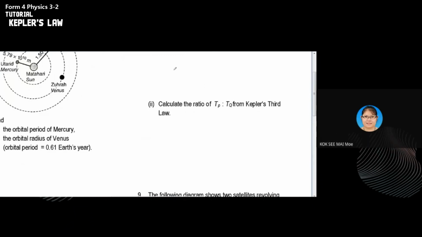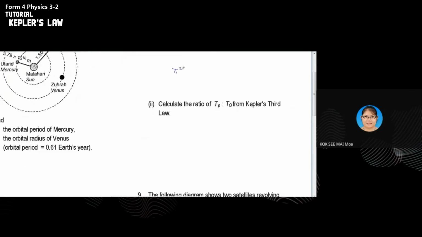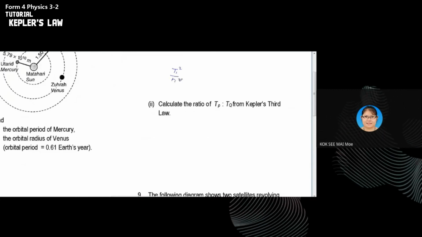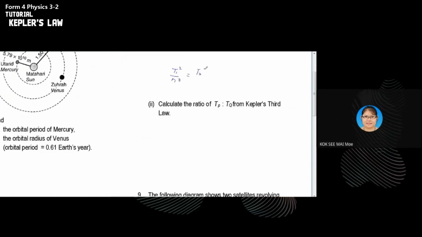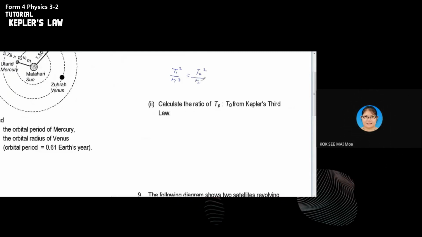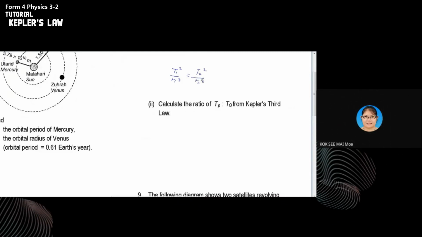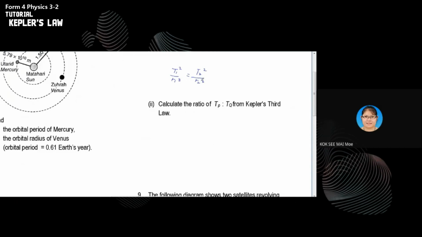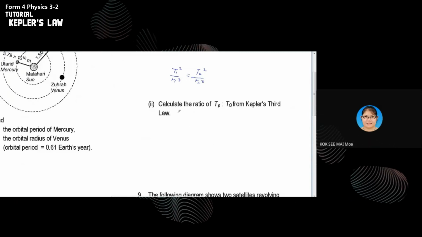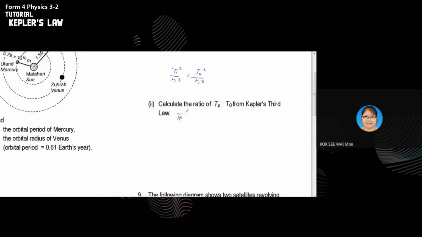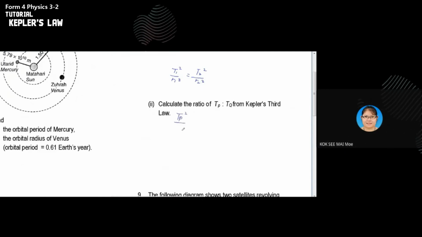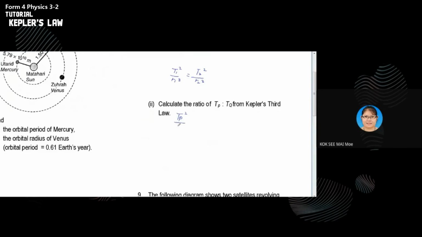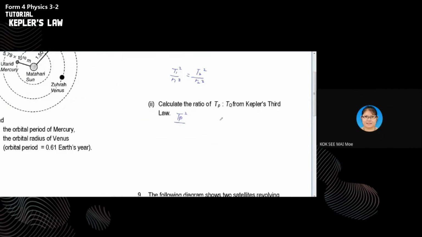So Kepler's third law is what? T1 square over R1 cube equals T2 square over R2 cube. This one is Kepler's law. Okay, so we still take 1 as P, Q as 2. So we just write TP square. Then I want the TQ to go down.